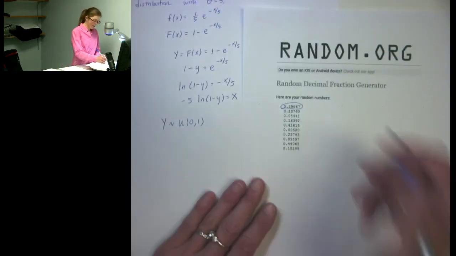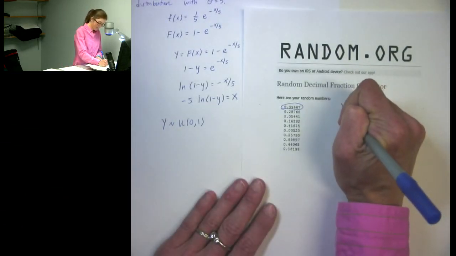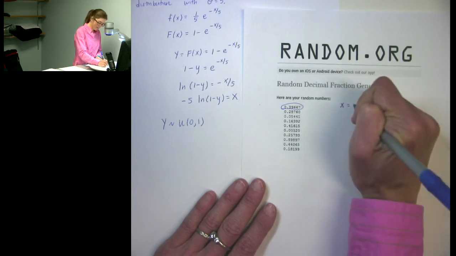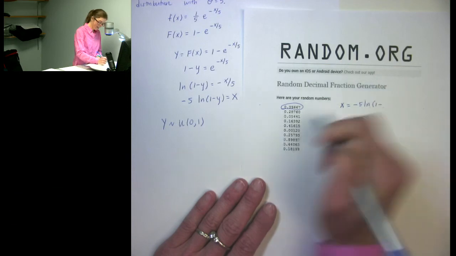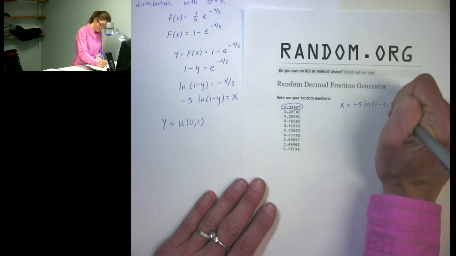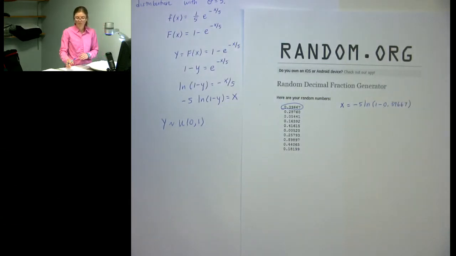So to find a value x, I'm just going to take minus 5 times the natural log of 1 minus my y value, 0.39667. And that's going to give me my first observation from this distribution.